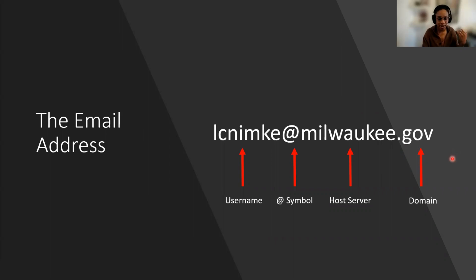So it ends in .gov because I work for the government. If that email ended in .com, you could be pretty sure that that person doesn't work for the government, or at least they're not emailing you in official capacity, because you know that distinction between .gov, .org, .edu, and .com.